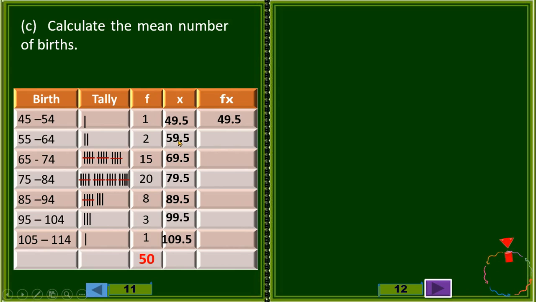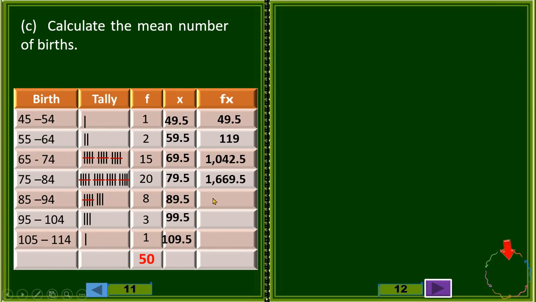Then 59.5 multiplied by 2, with calculator, you can get 119. Then 69.5 multiplied by 15 will give us 1,042.5. Then 20 multiplied by 79.5 will give me 1,669.5. 89.5 multiplied by 8.